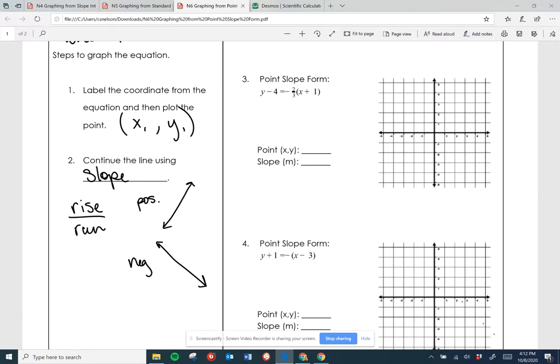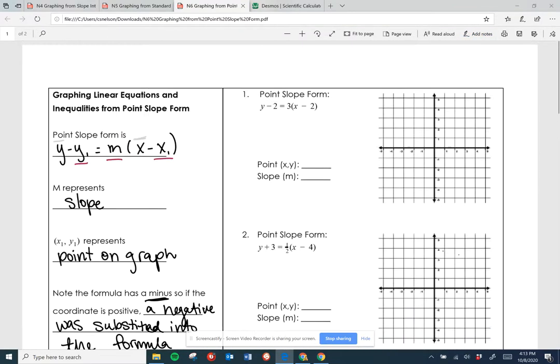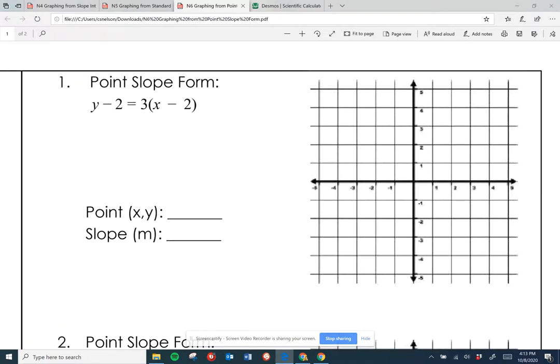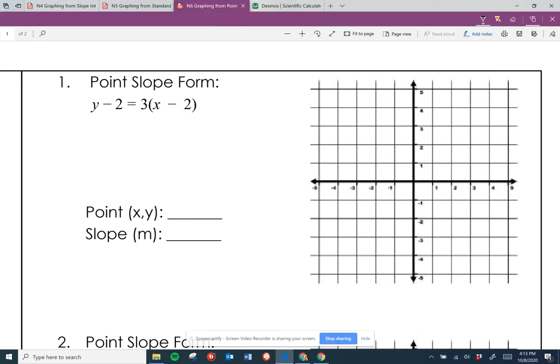Okay, so let's look at some of our examples. The first one we have is y minus 2 equals 3 times x minus 4. Okay, so the equation is y minus y1 equals m times x minus x1, right? So this 2 is going to be my y value. My y1 equals 2.